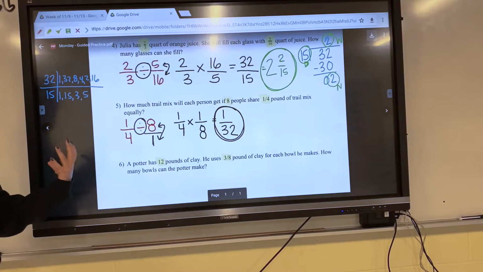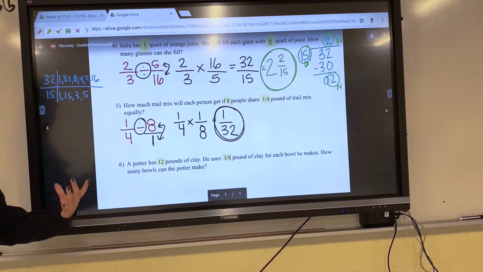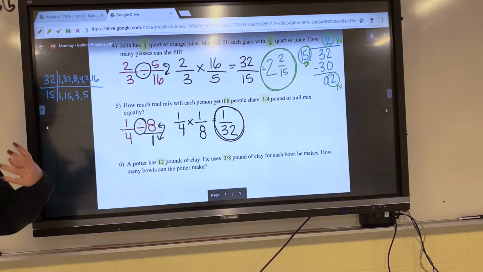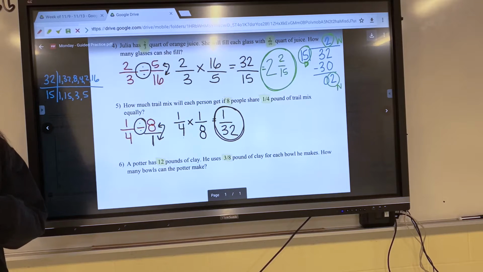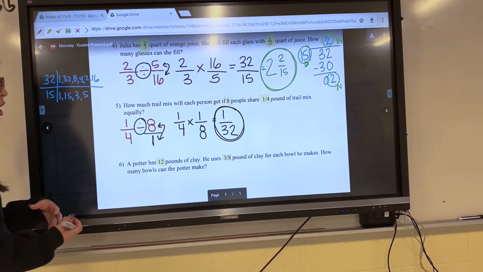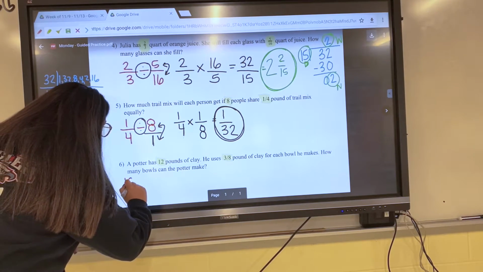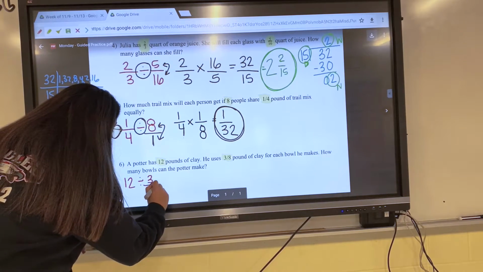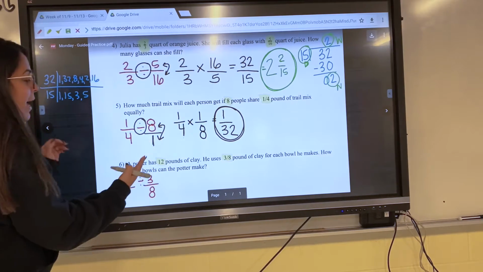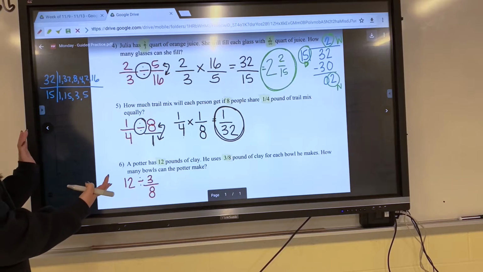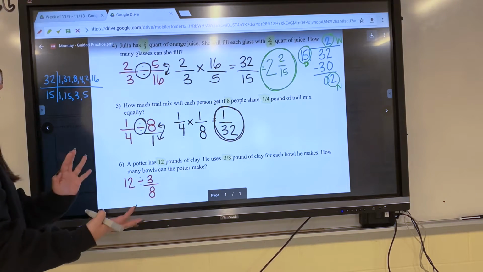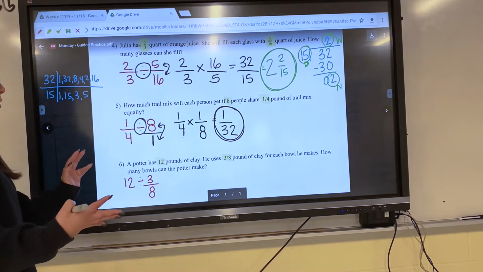We're dividing the pounds of clay by how much he's going to use to make a bowl, okay? So our problem is going to be 12 divided by 3/8. So again, we're dividing the amount of clay we have by the amount that he's going to use to make each bowl.